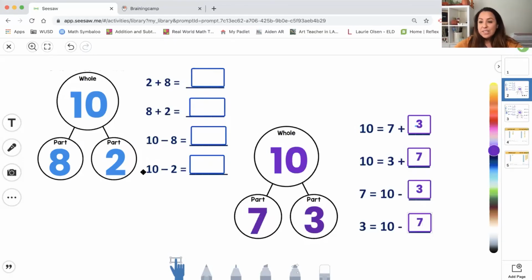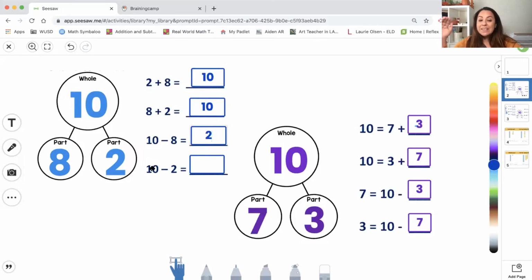Let's fill out this bond. This is old-fashioned addition. Our number sentences are in order the way that you're used to. 2 plus 8, let's look at our bond. 2 plus 8 equals 10. And then we have 8 plus 2 equals 10. And then 10 take away 8 equals 2.